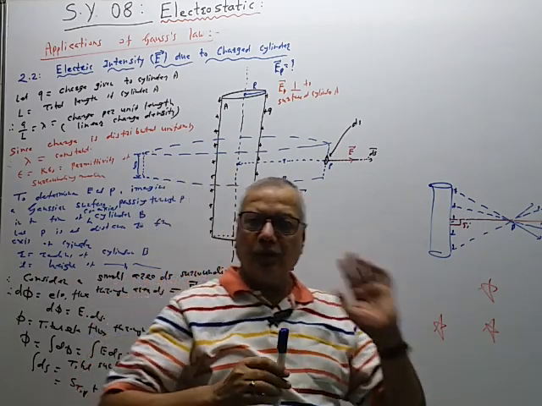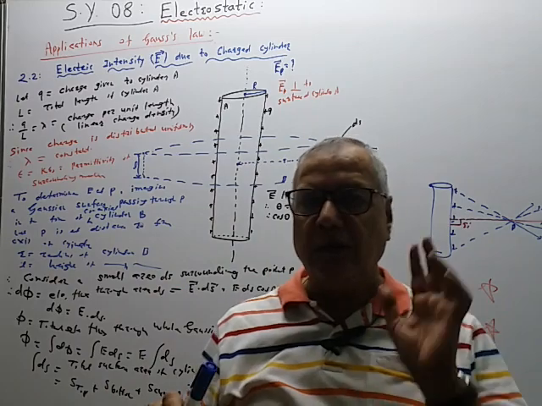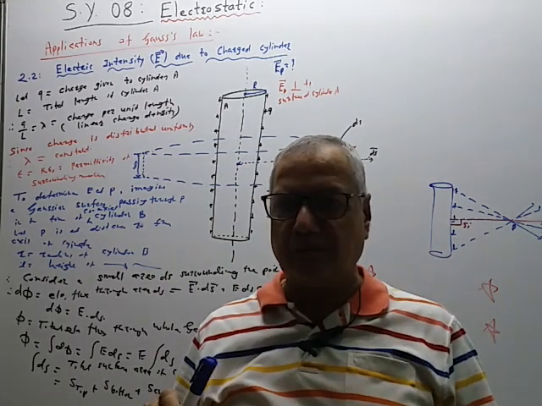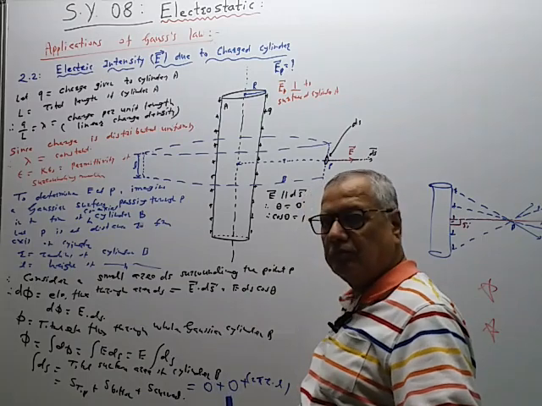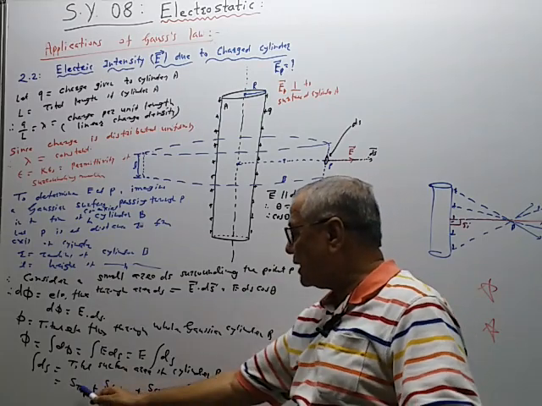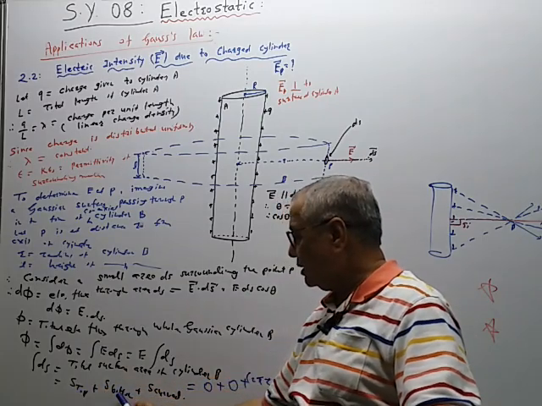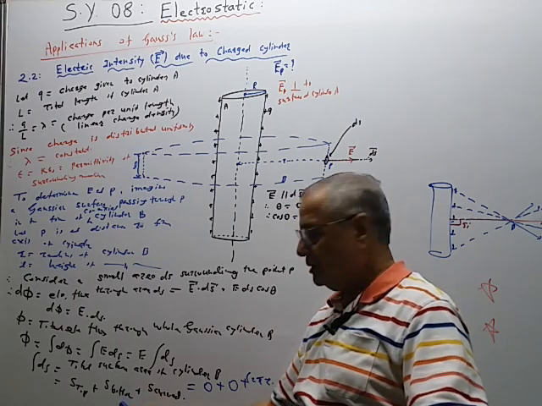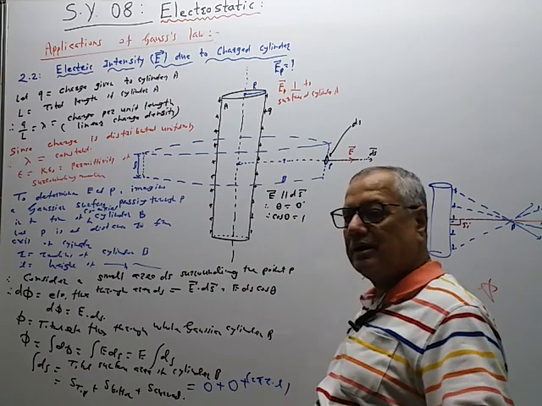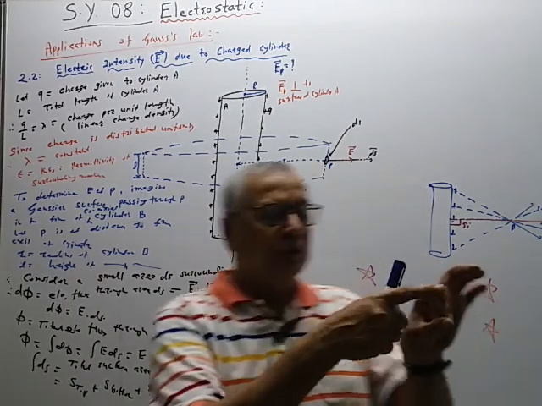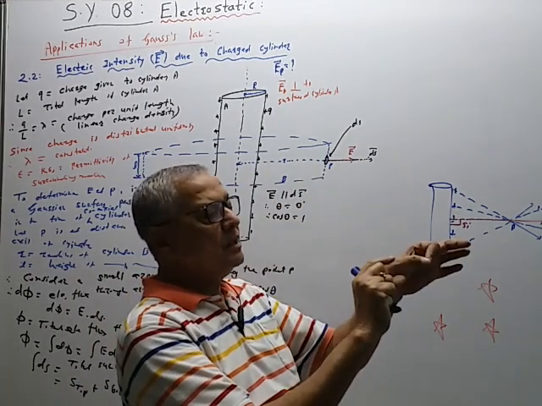So there are no electric lines of forces passing through the plane top surface and plane bottom surface, and therefore their area is taken 0. Geometrical area pi r square, small r. Geometrical area pi r square, and this is 2 pi r l. Curved surface area: 2 pi r circumference multiplied by height.